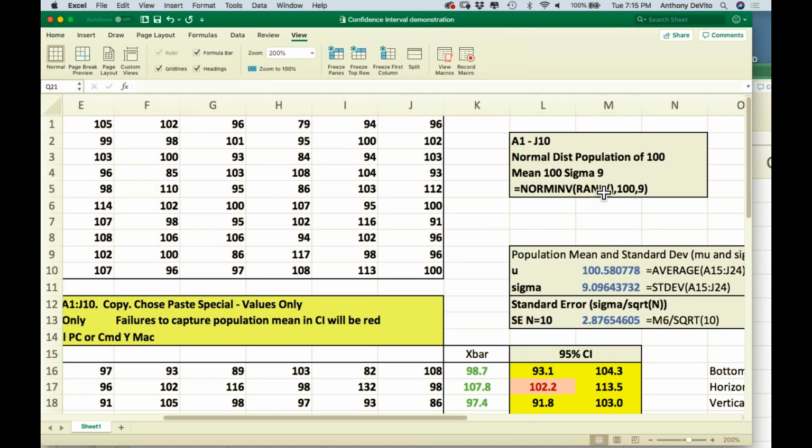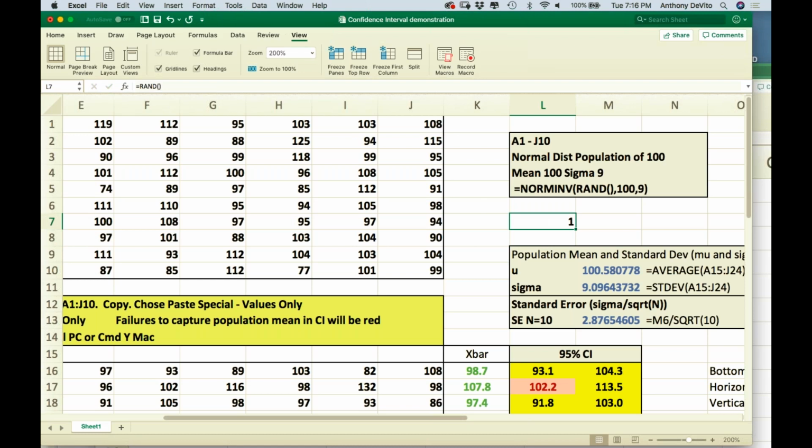Well, instead of putting a number in, I can put in a function called RAND, or random, in Excel. I'll show you. Don't even have to put a number in, RAND and parentheses. If I hit enter, it gives me a random number.